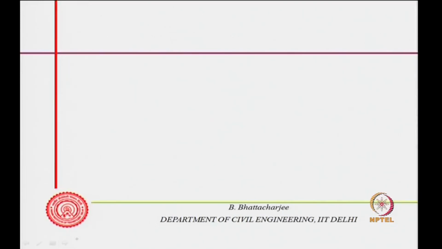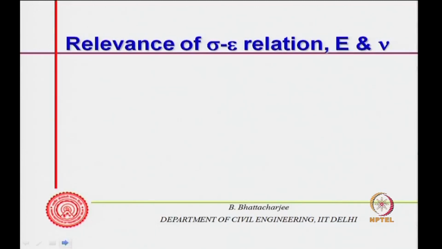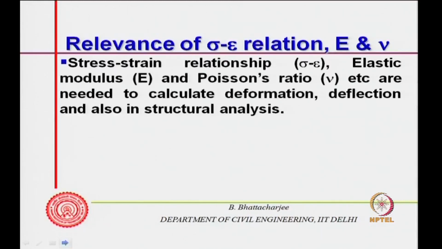So, let us look at the relevance of stress strain relationship, elastic modulus and Poisson's ratio. Stress strain relationship: sigma is how we denote stress and epsilon strain. Elastic modulus and Poisson's ratio are needed to calculate deformation and deflection, and sometimes to determine forces in indeterminate structures.